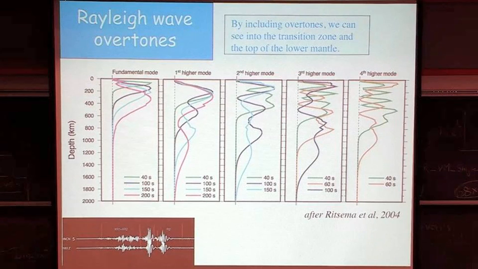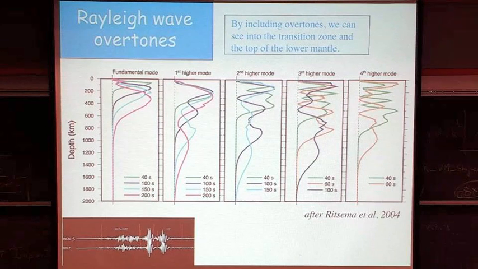If you go to longer periods, you start sampling the deeper mantle, but at 200 seconds you're still mostly sensitive to the upper 200-300 kilometers. Whereas if you add overtones, at the same period, say 150 seconds, let's compare the blue lines: this first higher mode has some sensitivity here in the transition zone, or even deeper, compared to the fundamental mode, and the second higher mode even more so, etc.